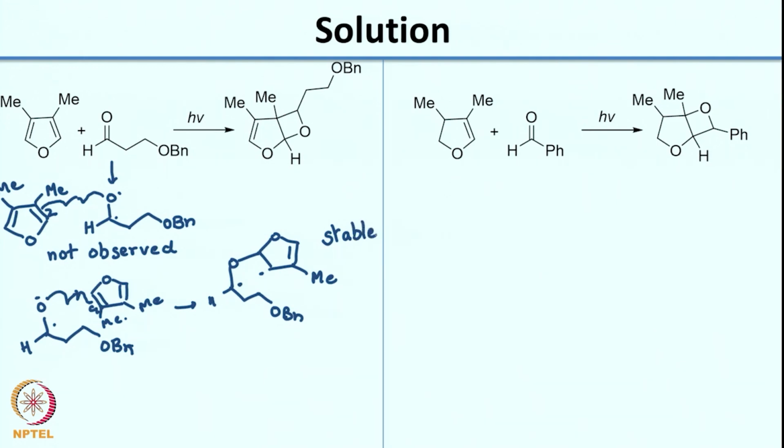Now, what happens in this case is once you generate the diradical, and now you interact it with dihydrofuran. So, the double bond is not there to make it look like an allylic radical intermediate. So, now what happens is it actually prefers to form this product.